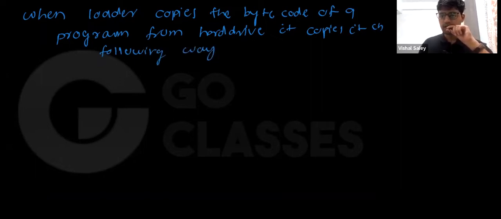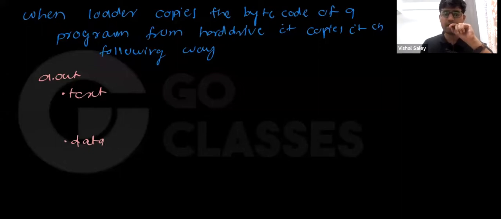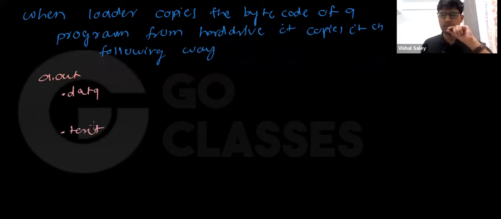Remember that on your hard drive you have this executable file a.out, and it has some specific structure. .text is there, .data is there. The order might be different from the example that you saw, but whatever, just use that one to avoid confusion. There is data, there is text, and there can be other sections also.